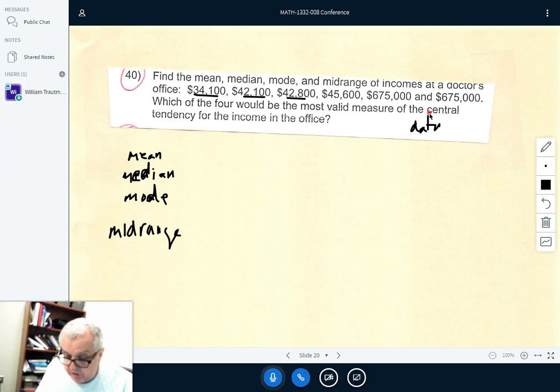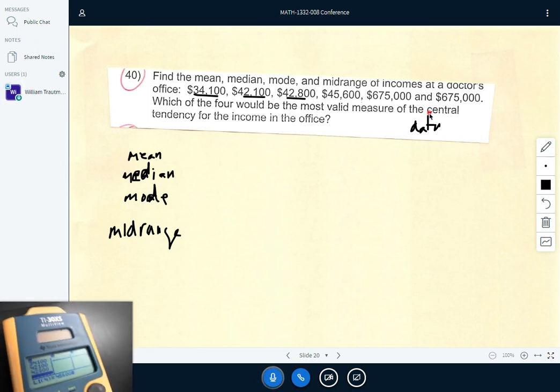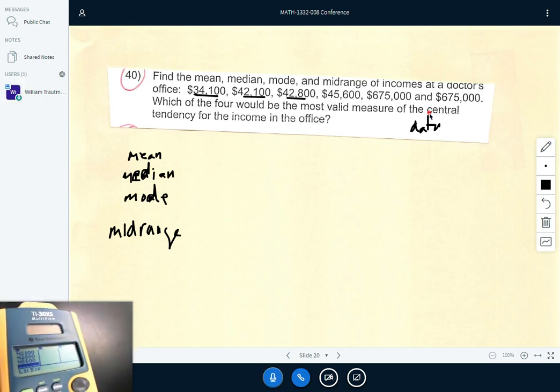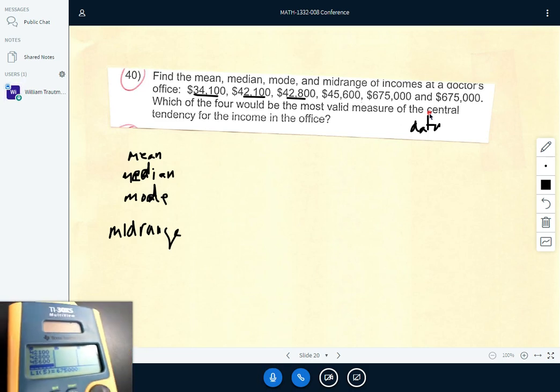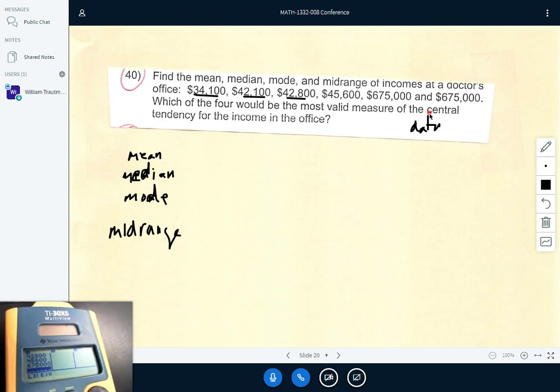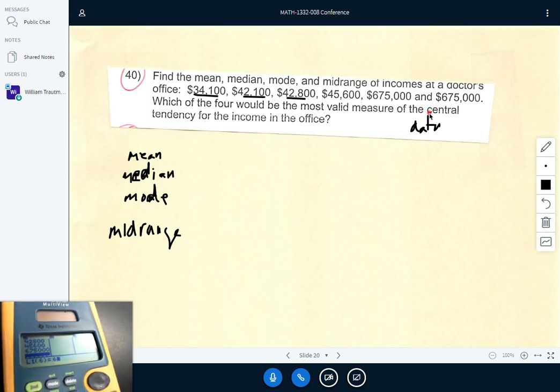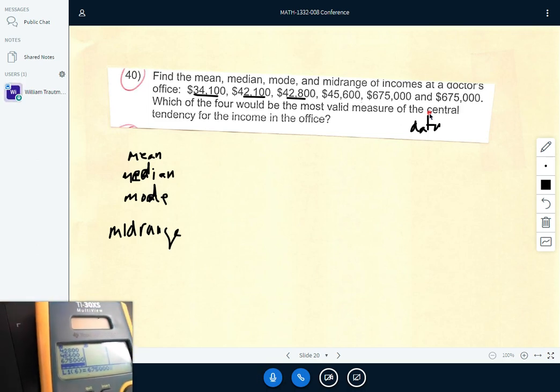So I'm going to put in 34,100, then 42,100, then 42,800, then 45,600, then 675,000, and 675,000.